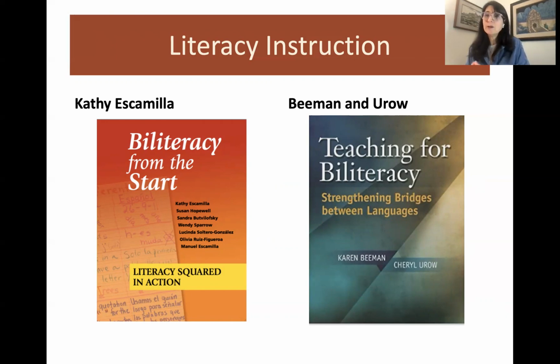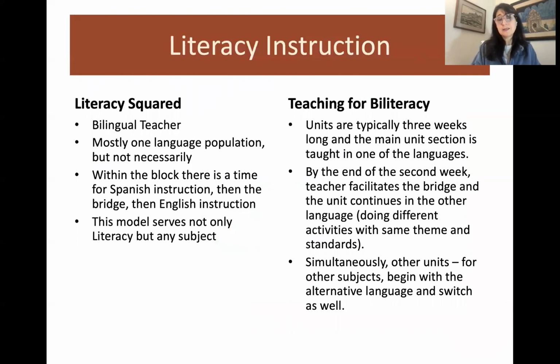And Beeman and Urow as well, they have research on how this can be effective, and it's called Teaching for Biliteracy. So in the Literacy Squared format, they propose to use one bilingual teacher, and they work mostly with one language population, but it can be two as well. And they plan the transfer from one language into another within a block.